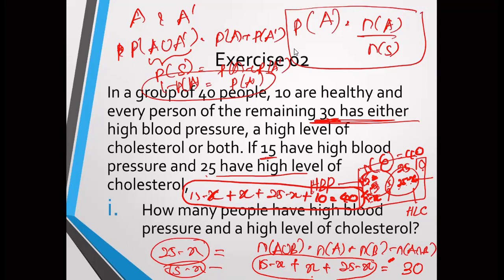After solving this equation, 15 plus 25 is 40. 40 minus X is 30, which means X is going to be 10. Now we have found the value of X.